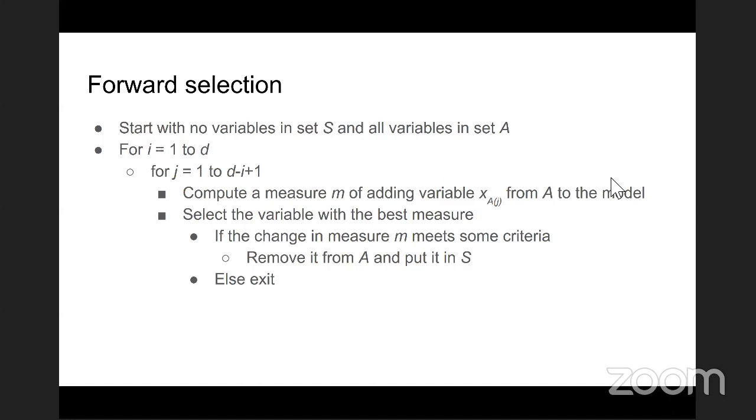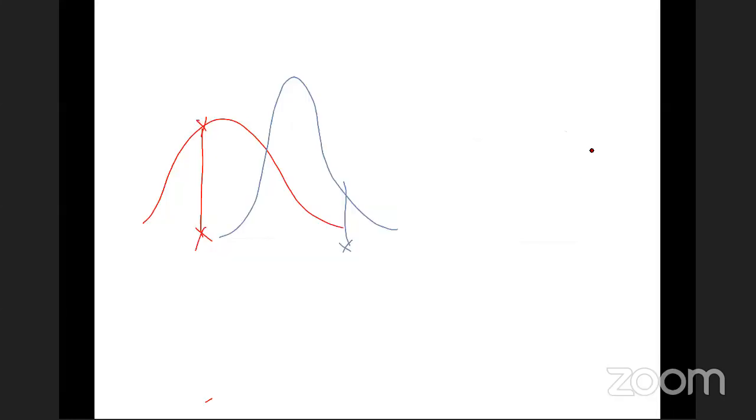An example is the following. Let's say you have two sets of points. You have one set of points, this is in the x1 dimension, and then you have another set of points in the x1 and x2 dimension. The other set of points are all around it. In that case, neither in this direction nor in this direction do you have a good feature that can separate the two, but together they give you very good classification.